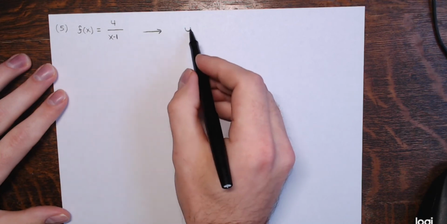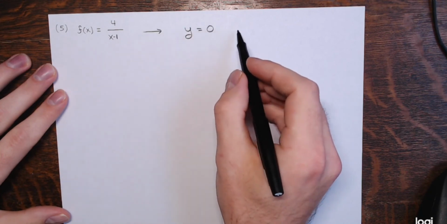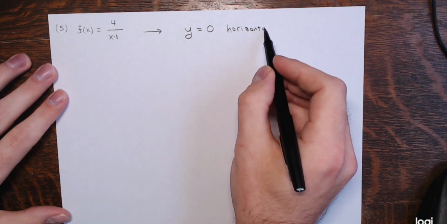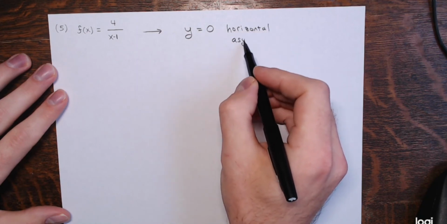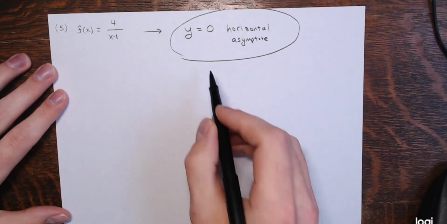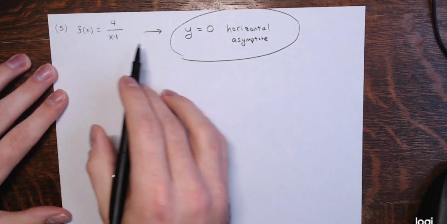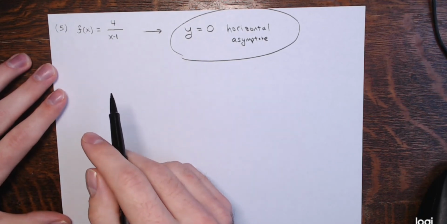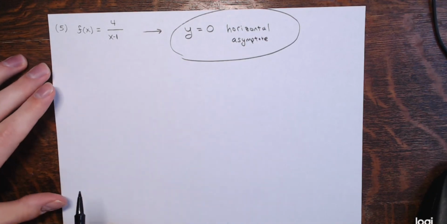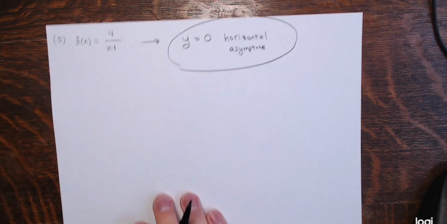So y equals 0 is going to be the horizontal asymptote here. And that's it. Right? And I'll leave the graphing and verifying that the x-axis is a horizontal asymptote to you. So that one was pretty simple.